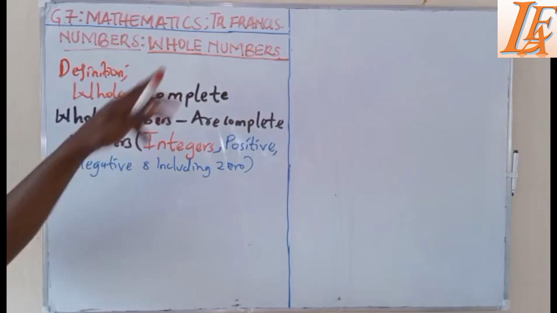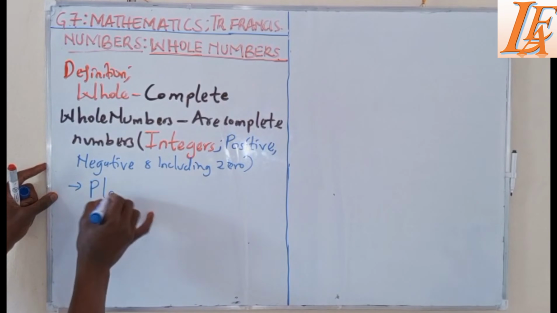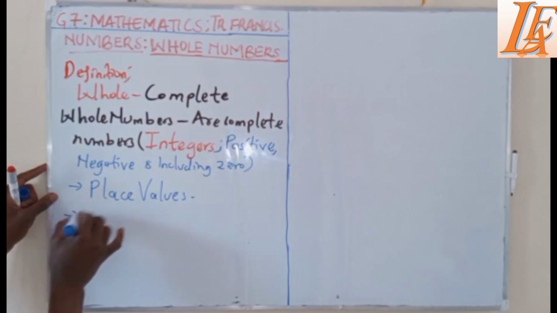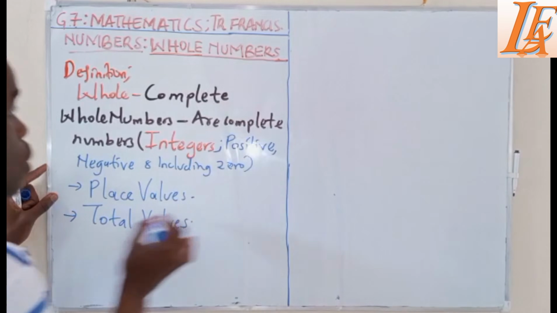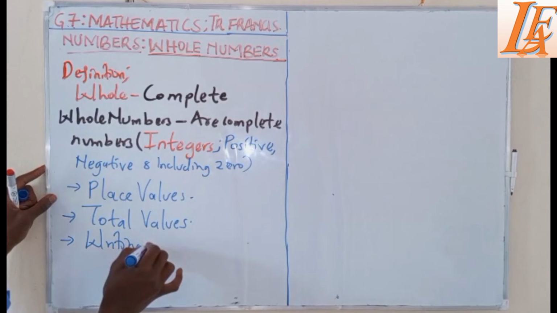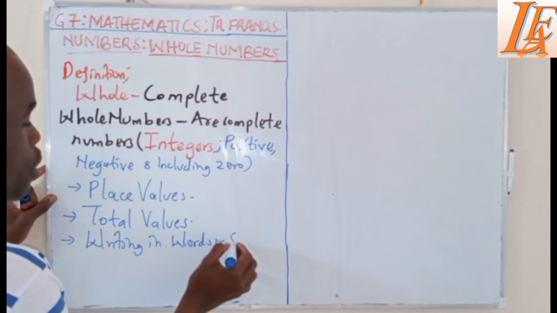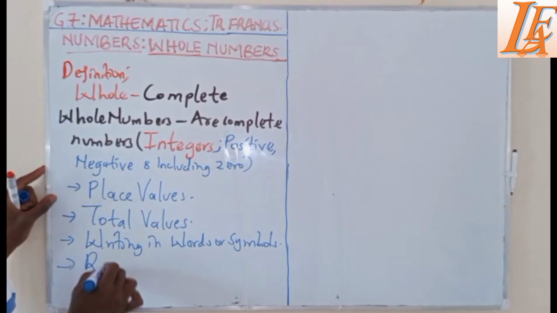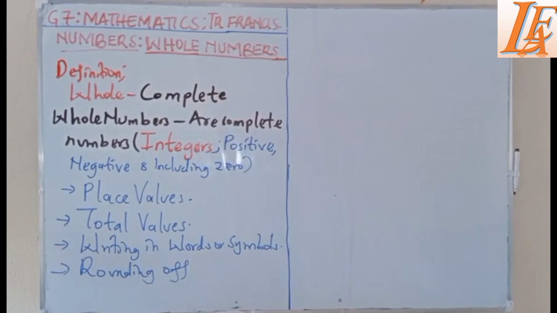Under these whole numbers, we shall look at place value, total value of these whole numbers, writing these numbers in words or symbols, and lastly, rounding off these whole numbers.